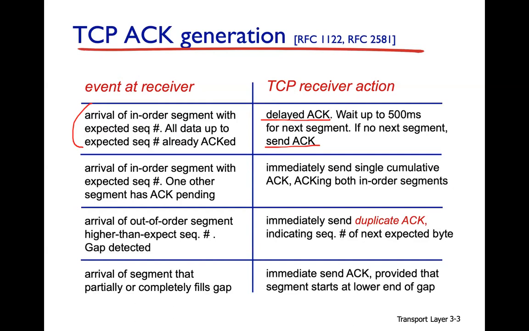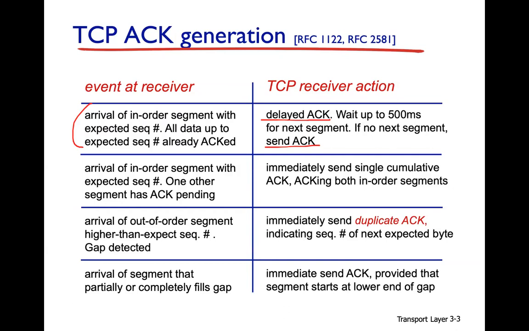Actually, this one is quite easy to understand. This one tries to save the network, right? Yes, reduce the number of ACKs. So the purpose is to reduce the number of ACKs because we use the cumulative ACK, right? So if I wait for a while, then I get the next segment coming, I can reduce the number of ACKs, just ACK the next one, not the current one.